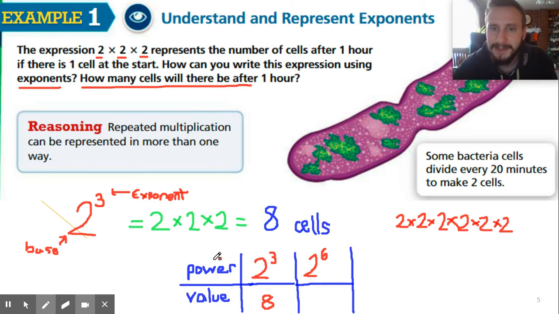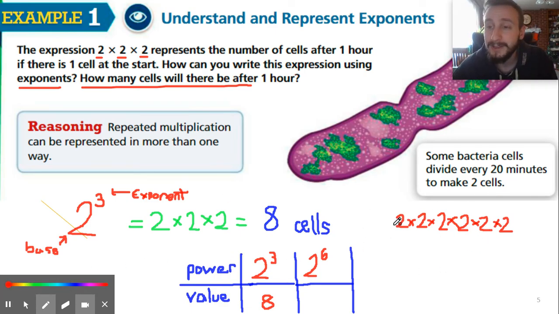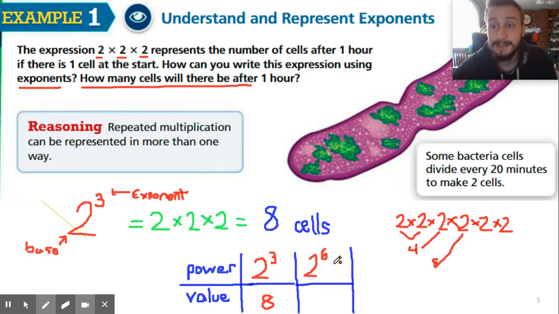Well, what would that be? We would need to take it one step at a time. Well, 2 times 2 we already said is 4, times 2 is 8, times 2 is 16, times 2 is 32, times 2 is 64.